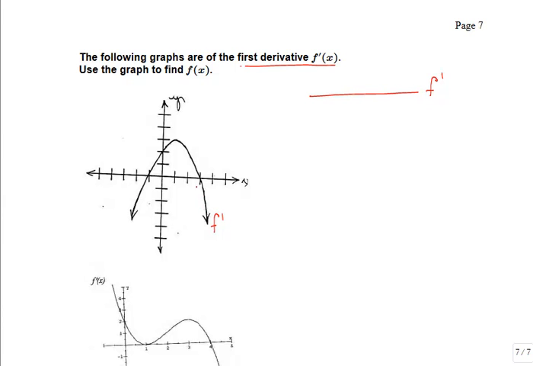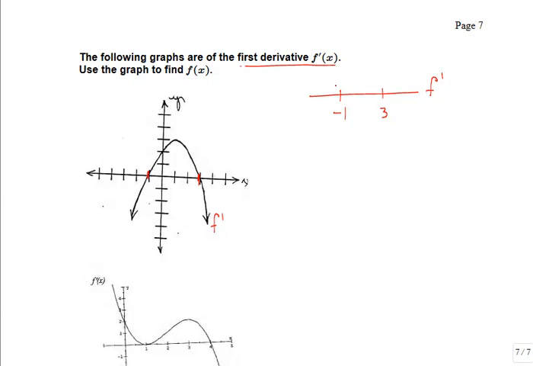Well, it's never undefined, but it hits 0 here and here. So those are the critical numbers, -1 and +3, of the original function f. Okay, they're not the critical numbers of this graph. They're the critical numbers of this unknown graph f that we're trying to figure out. So the zeros of this f prime graph should be the numbers that you put on your number line.